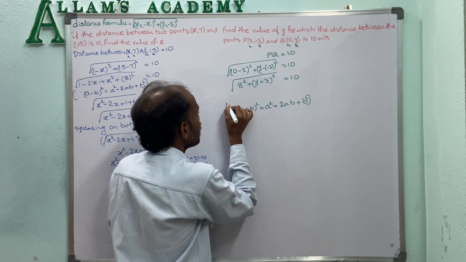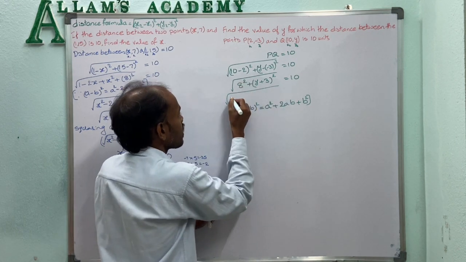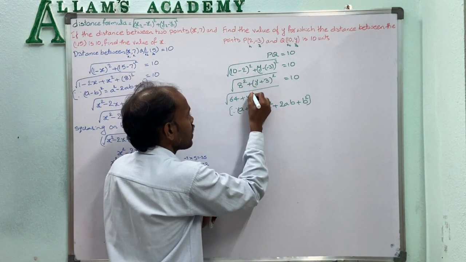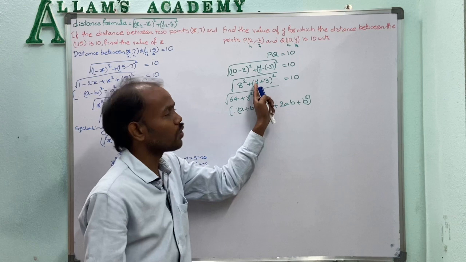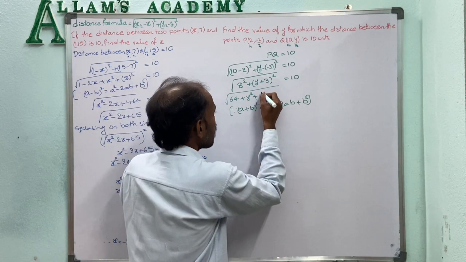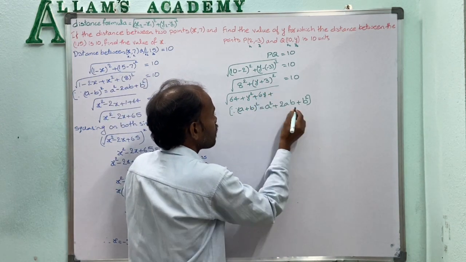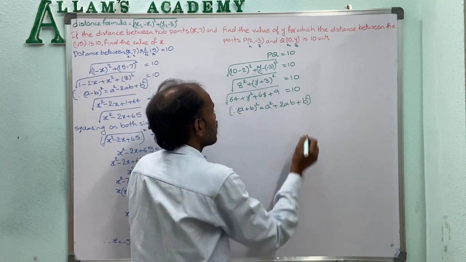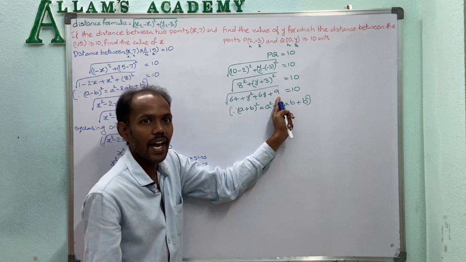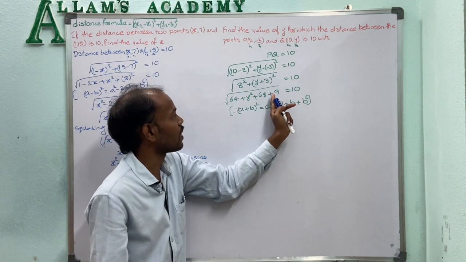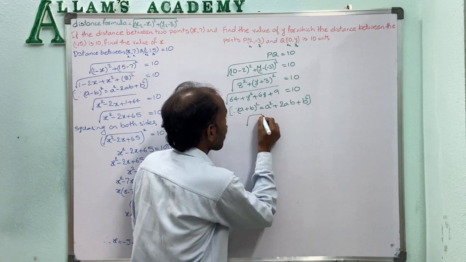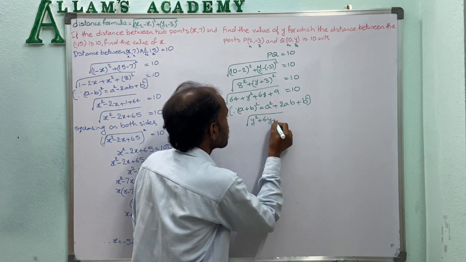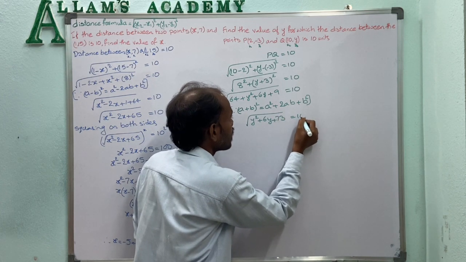If we apply that here, 8 square is equal to 64, plus a square, y square, plus 2ab, 2 into y into 3, that is 6y, plus b square, b is 3, so 3 square is 9. Now 64 plus 9 is equal to 73. So the square root of y square plus 6y plus 73 is equal to 10.